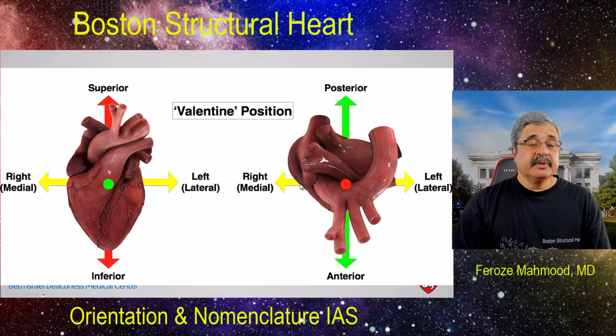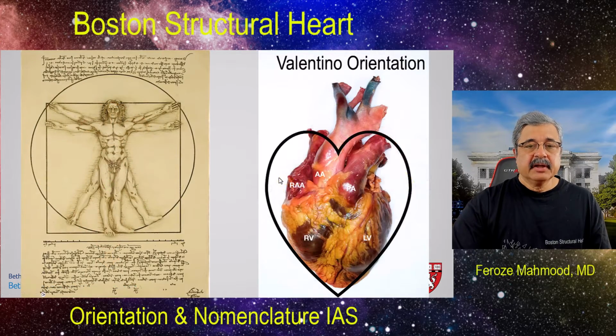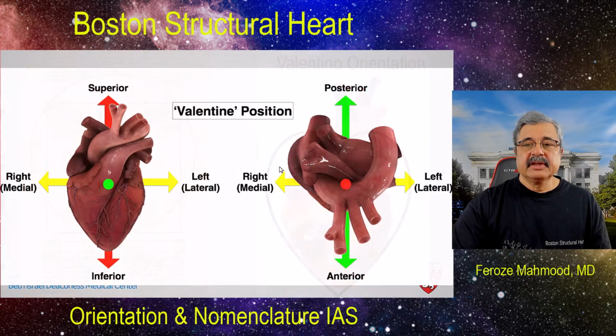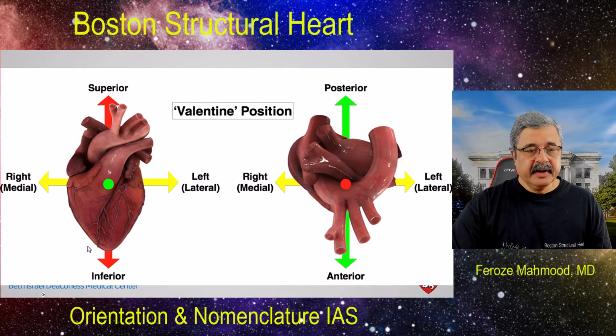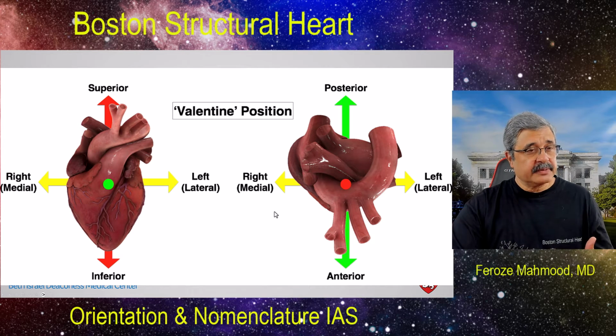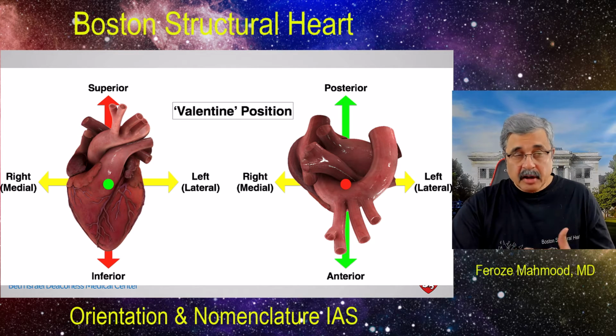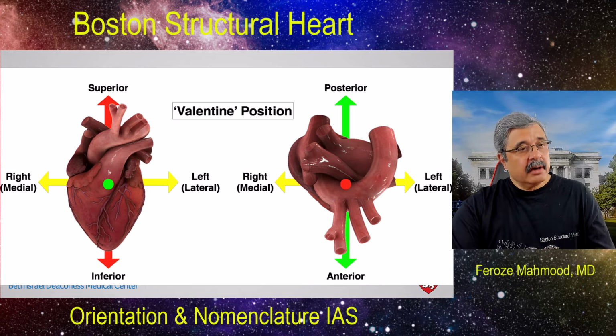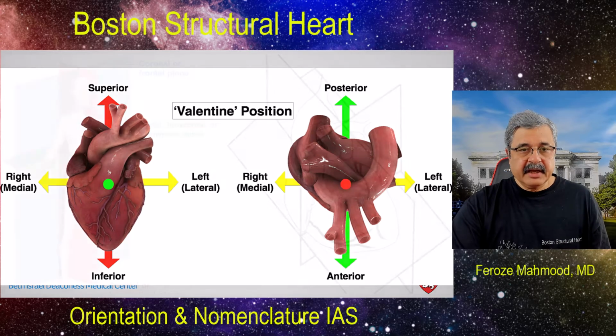So the Valentine position, the apex is facing the ground. There's superior portion, there's inferior portion, medial and lateral, and left and right. So that's the Valentine description of cardiac anatomy. That's how we are taught, but it has very little to do with the way the heart is oriented in the mediastinum.